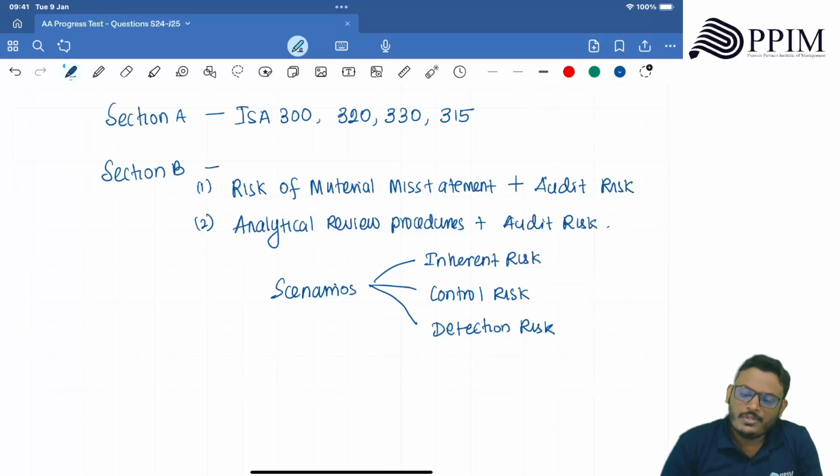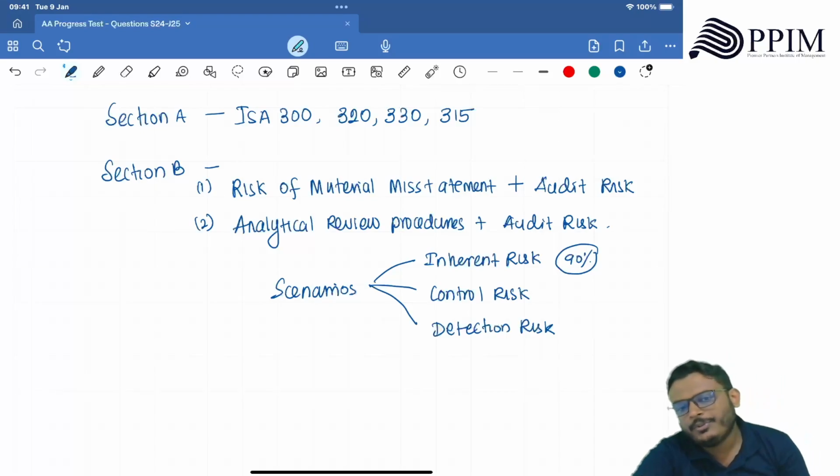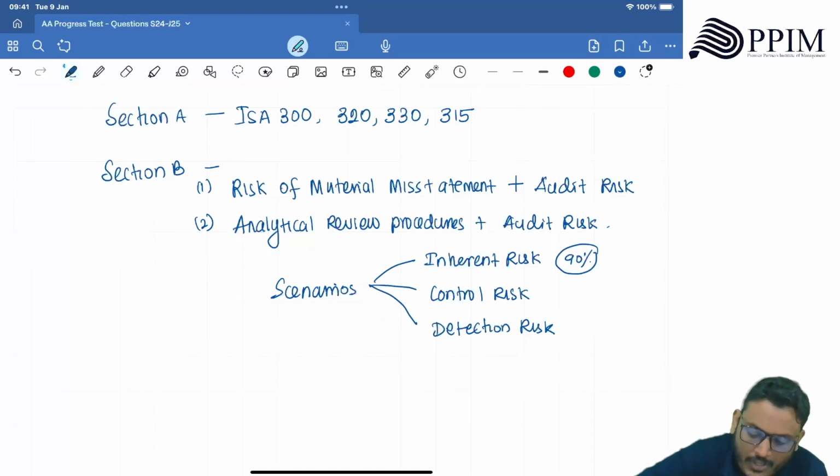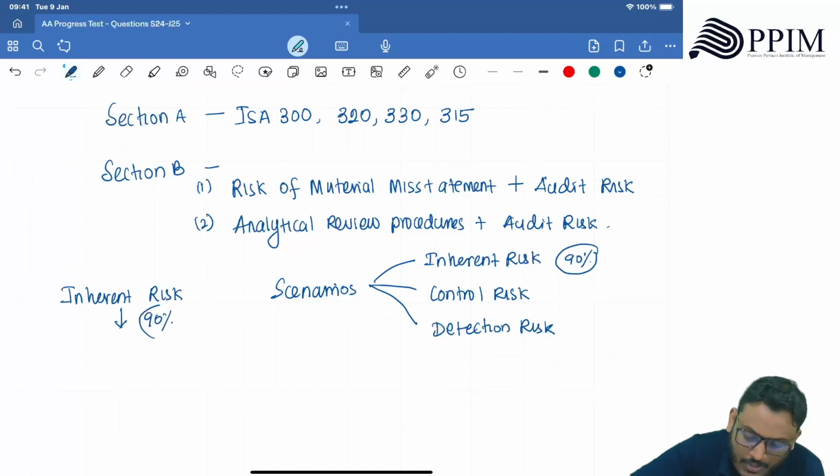So here students, inherent risk, control risk, detection risk we discussed in the class, but this time in your exam I'm expecting more inherent risk, maybe 90%. As I told you, 90% of the scenario covers inherent risk.